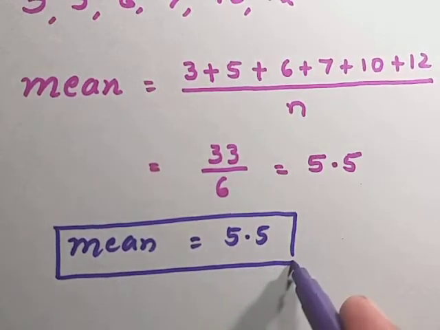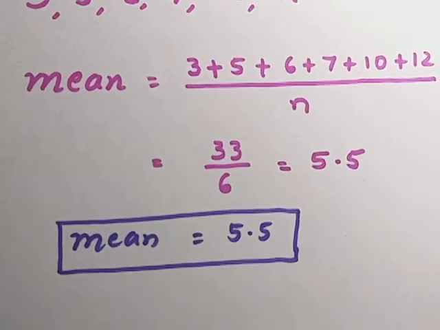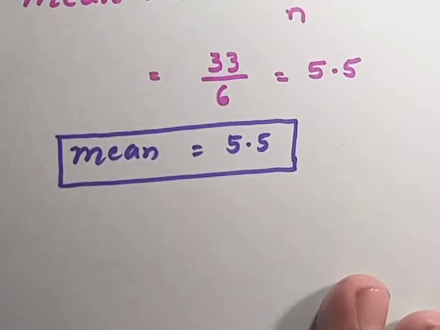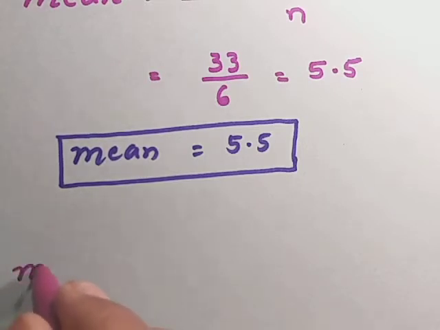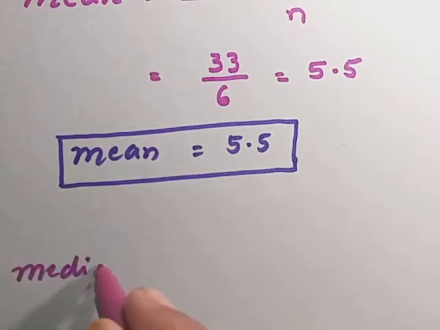This is one simple concept with respect to data handling. Median is nothing but the middlemost entry when the given data are written in either descending order or ascending order.